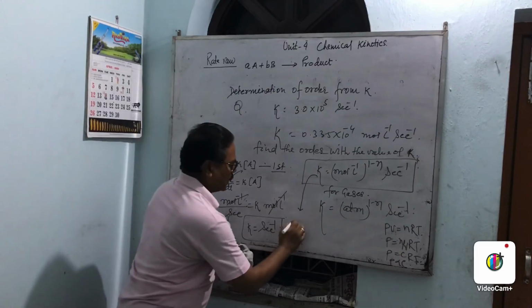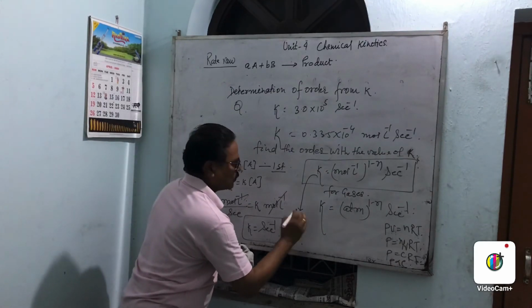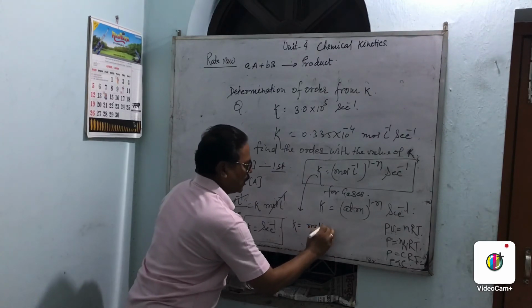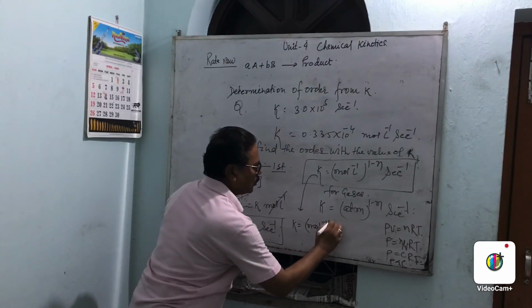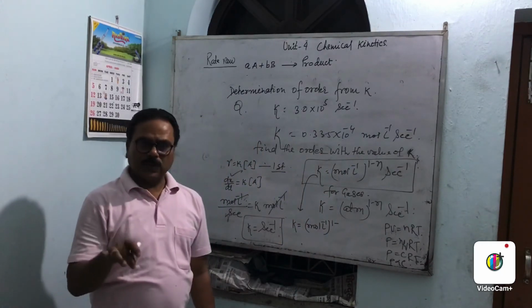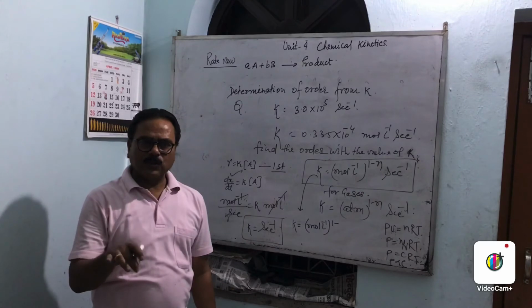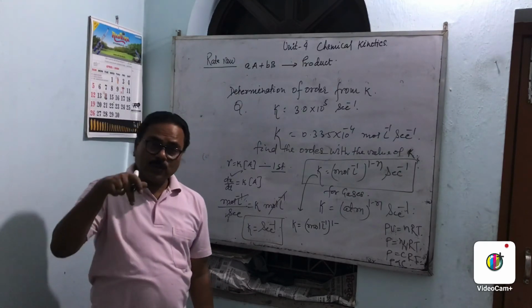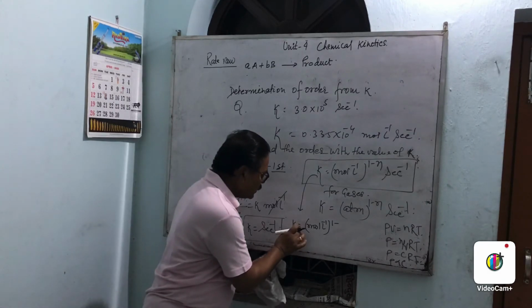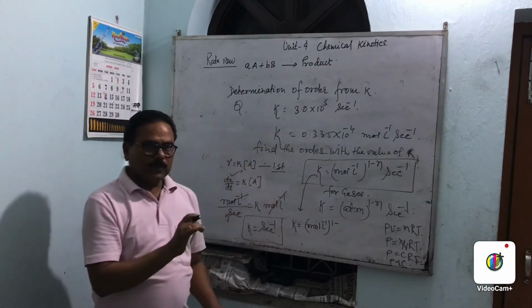Now you take k is equal to mole per liter to the power 1 minus n, and put the value of n as 0, 1, 2, 3, whatever you will put, and on solution the unit of k will come, right?